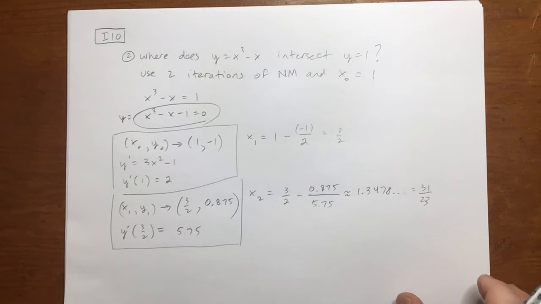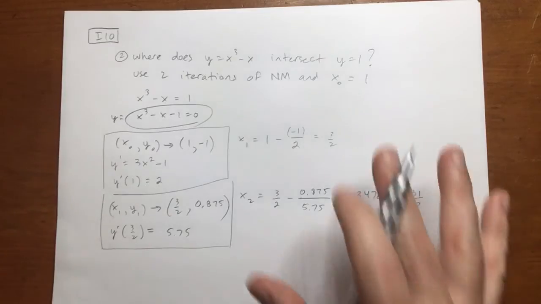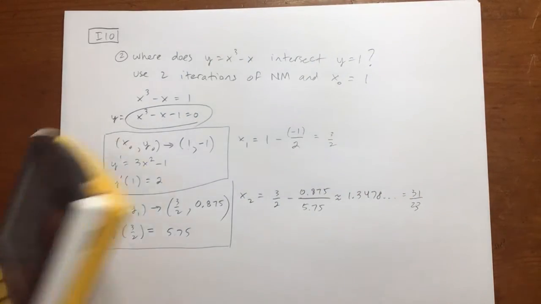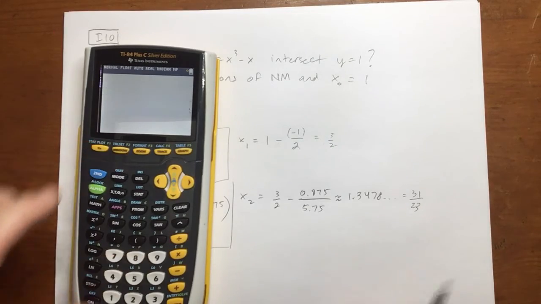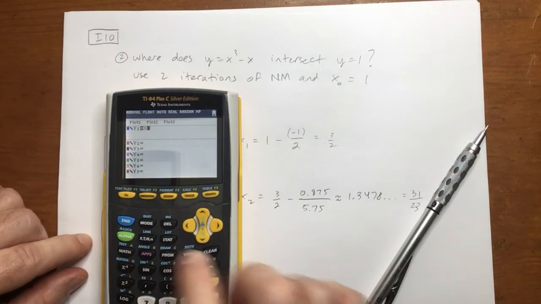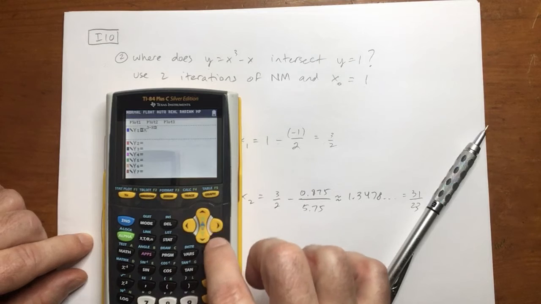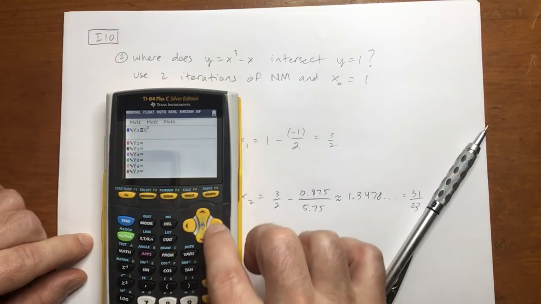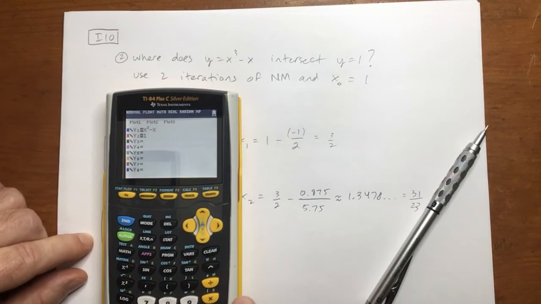Okay, I think the only other thing I wanted to do, you know what we should do with this, is let's go ahead and see how close this is to the x value. And so I'll go ahead and enter the 2 functions. So I have x cubed minus x, whoops, and then y equals 1, just do a standard zoom.